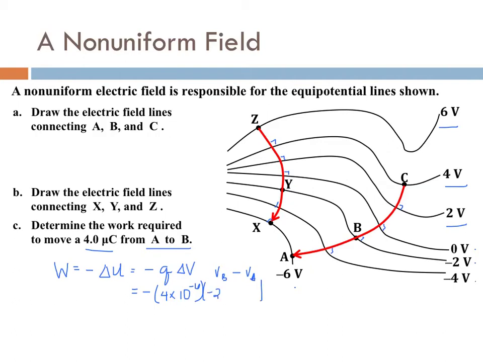Our potential at A is negative 6. So altogether, we get a negative 1.6 times 10 to the negative 5. And because we're asking for work, this is in joules.